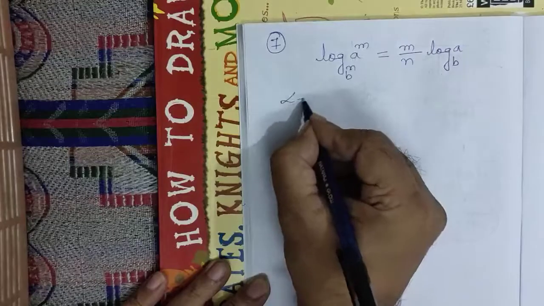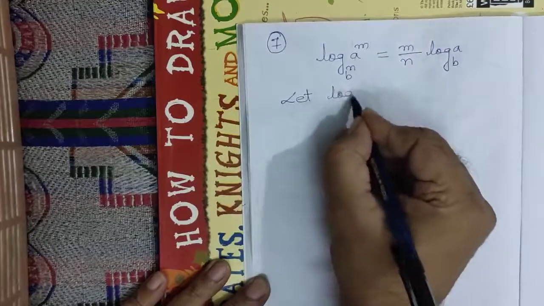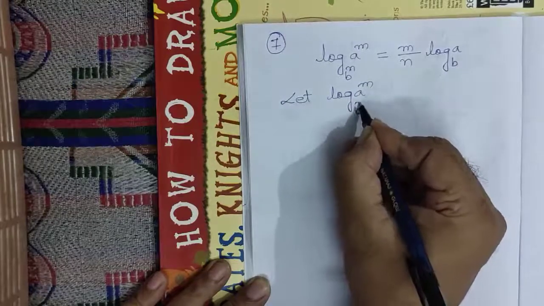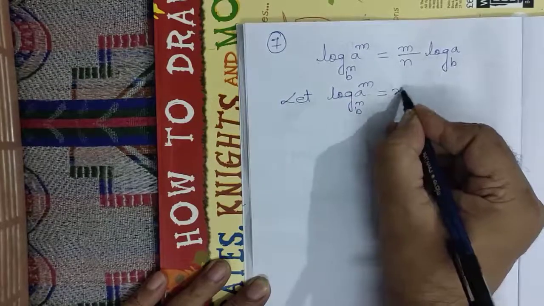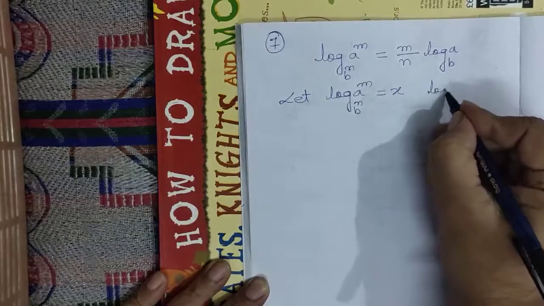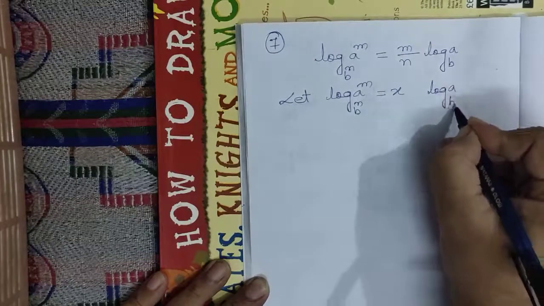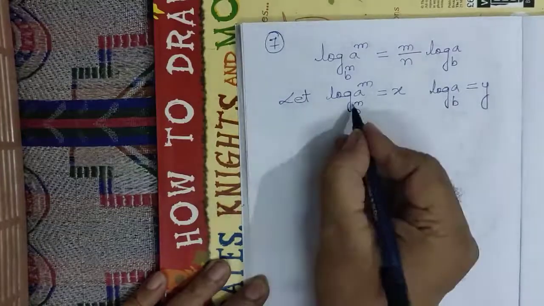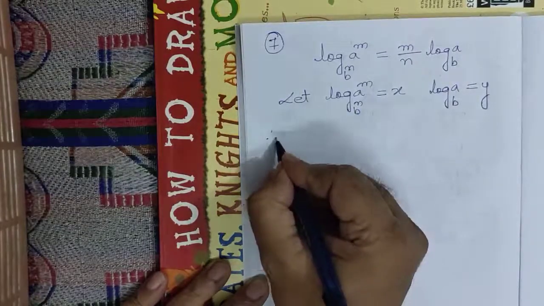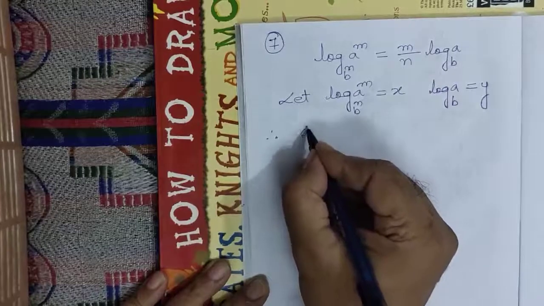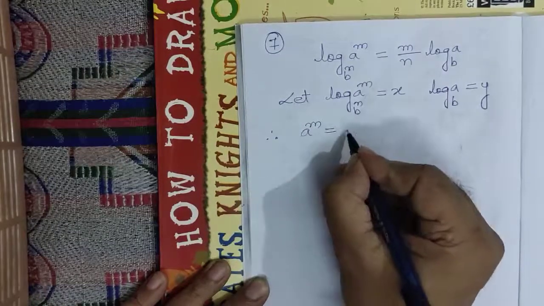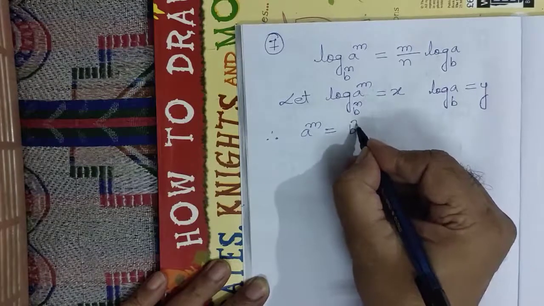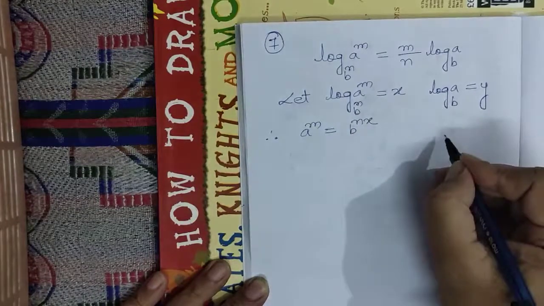Let log of a power m base b power n be equal to x, and log a base b be equal to y. Now from the previous case, a power m will be equal to b power n to the power x, so you will be getting b to the power n into x.